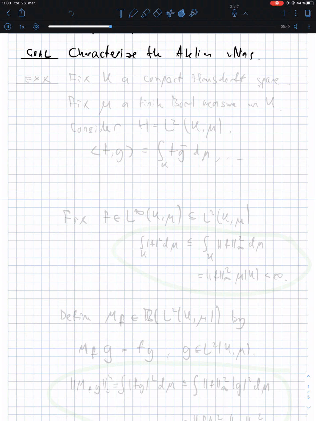And for this, I'm going to show you an example, and then it's going to turn out that this example, in a certain sense, is generic. But we have a long way to go before we're ready to do this. So let's just think of this as an example to begin with. So what I'm going to do is I will fix K, a compact Hausdorff space.